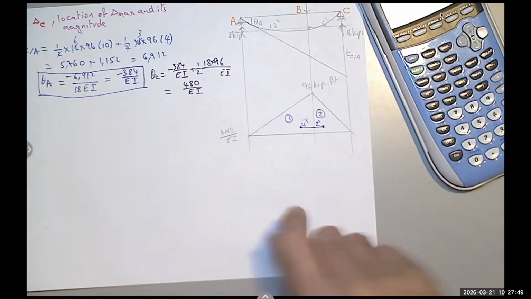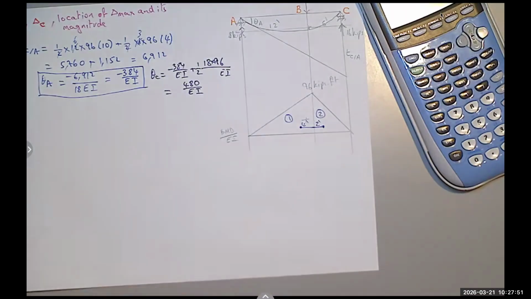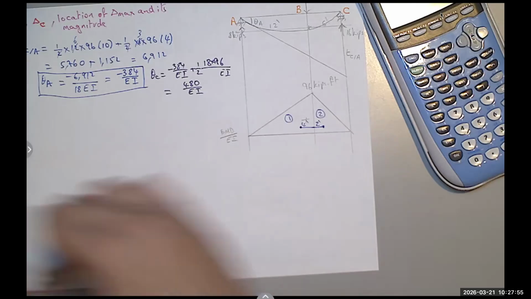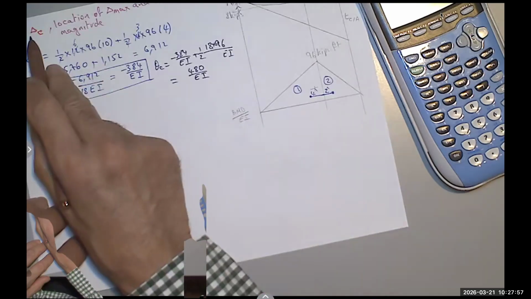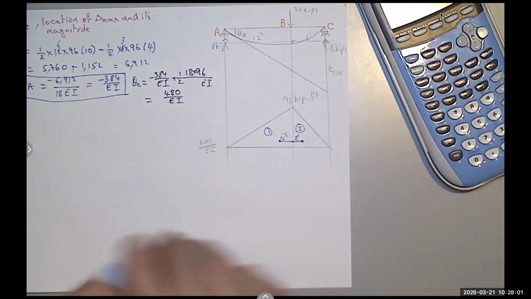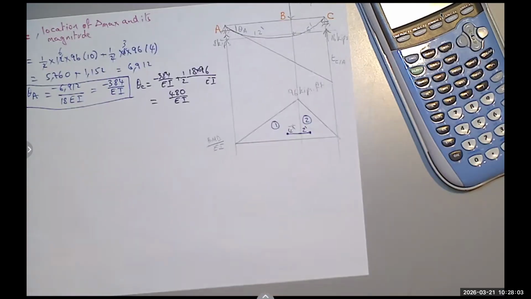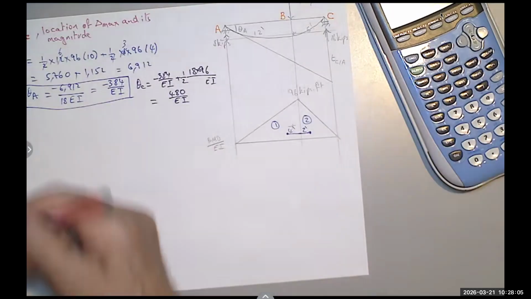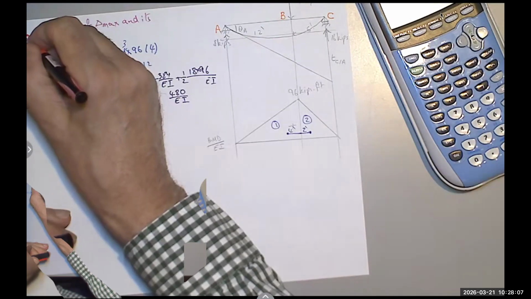The second answer we want is to find delta B. I'm sorry, that should be delta B, not C. C is 0. Delta C is 0.